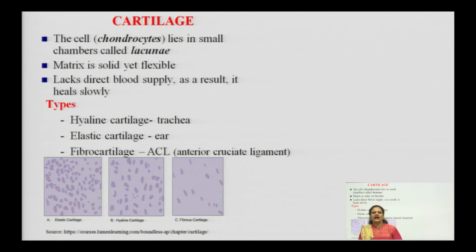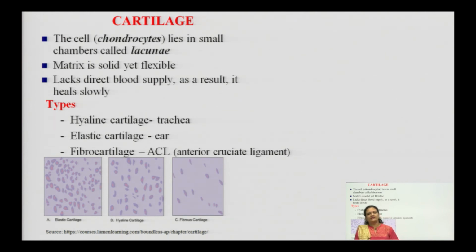First one is hyaline cartilaginous connective tissue. The example is the trachea. Along with the respiratory tract, windpipe, in the trachea the inner lining is made up of cartilaginous connective tissue. Now the second one is the elastic cartilaginous connective tissue.